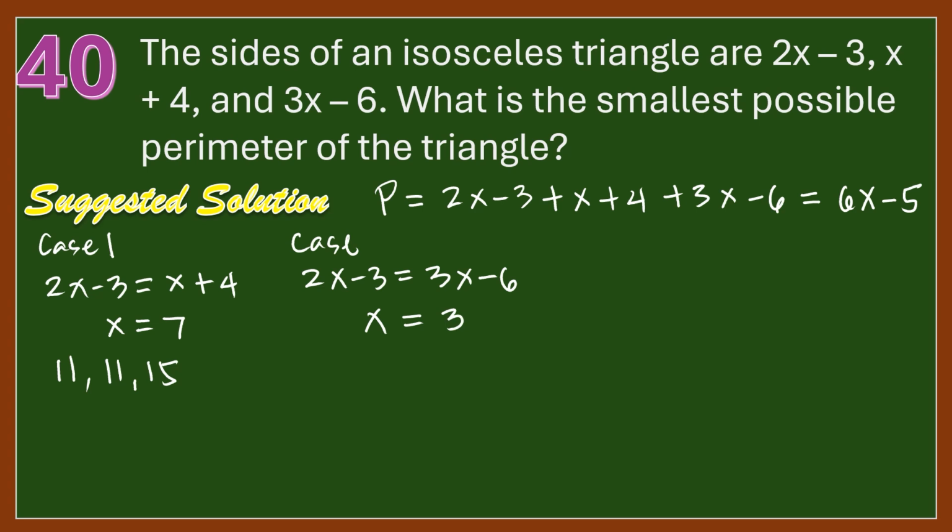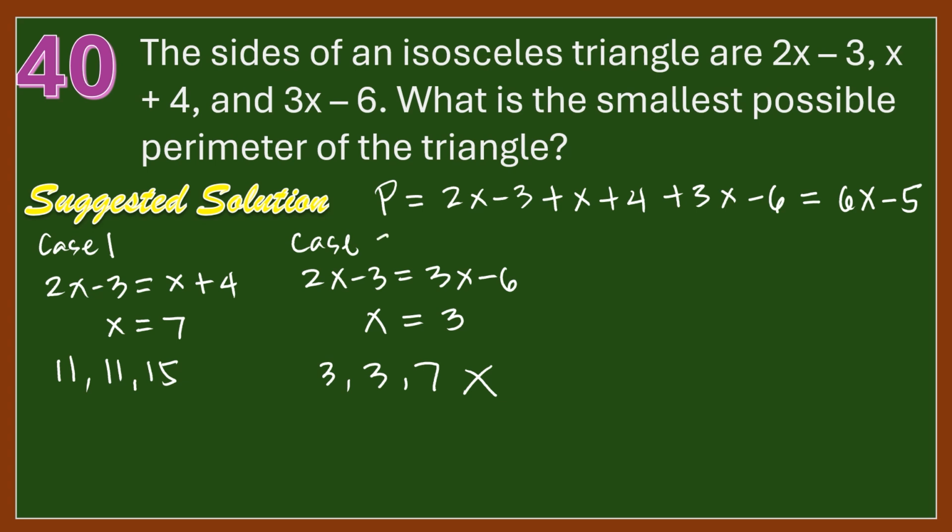Hence, the sides of the triangle when x equals 3 will be 3 for 2x minus 3, also 3 for 3x minus 6, and for x plus 4, that will be 7. However, a triangle cannot have sides 3, 3, and 7 because the sum of 3 and 3 is not greater than 7. So x cannot be equal to 3.